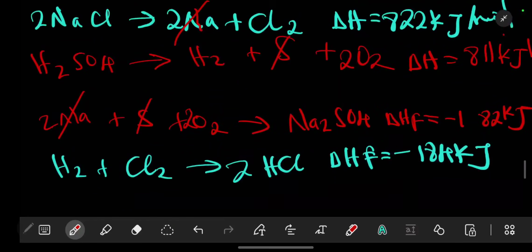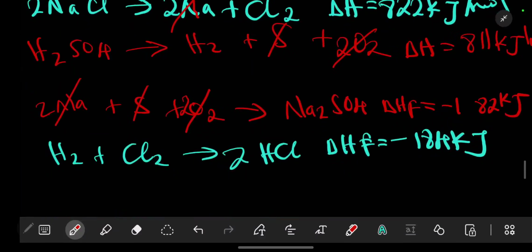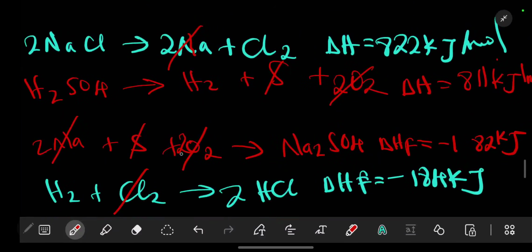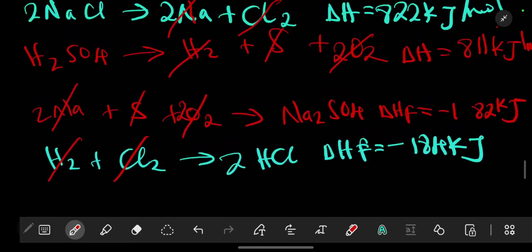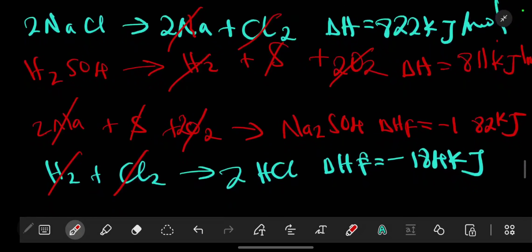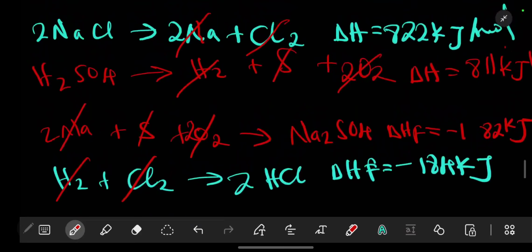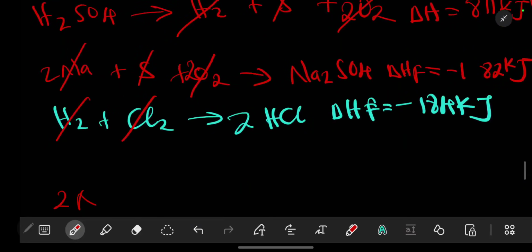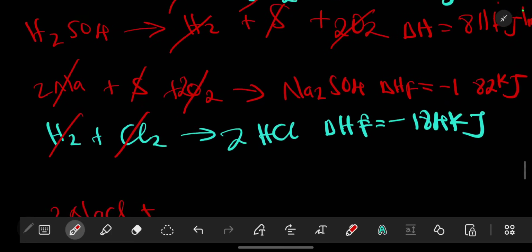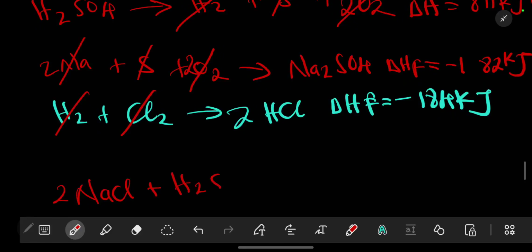So we cancel. Then we also look at chlorine, it is common, we cancel. Hydrogen is common, we cancel. After cancelling everything that is common, we can now add the two reactions. So we have 2 moles of sodium chloride plus the only remaining is our sulfuric acid.